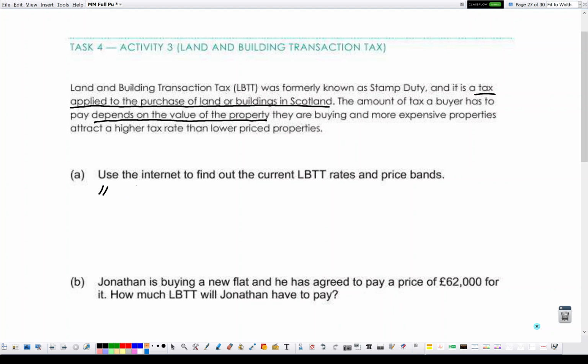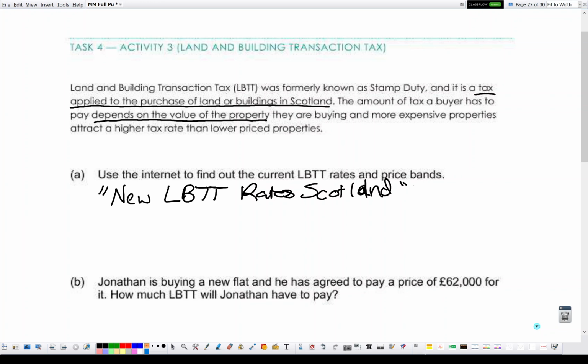So what you have to type in order to get the new rates is, if you go to your search engine, type in new LBTT rates Scotland. It should hopefully come up with the rates that have been updated as of July 2020.